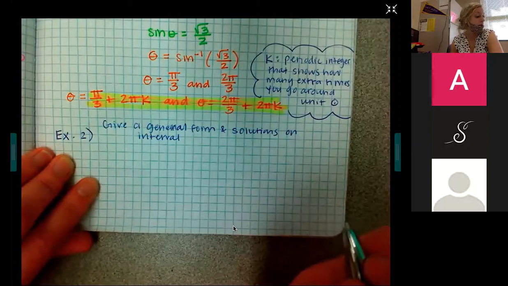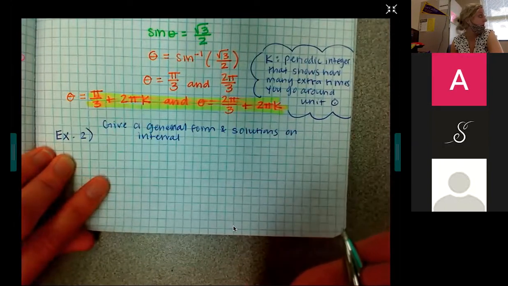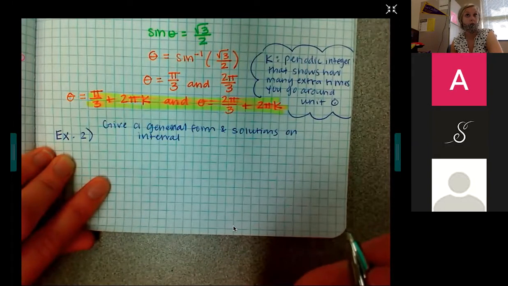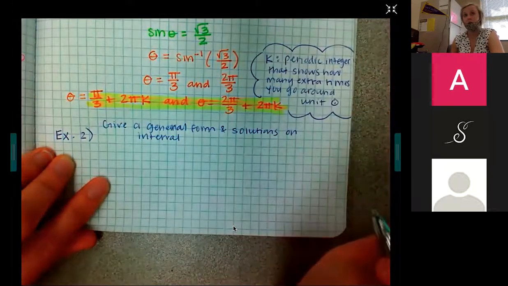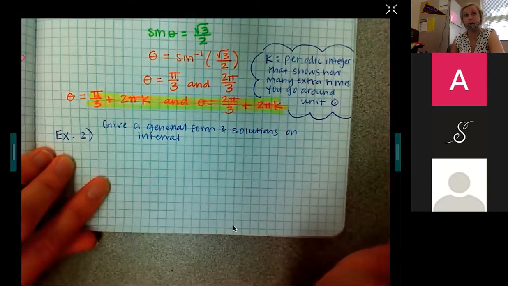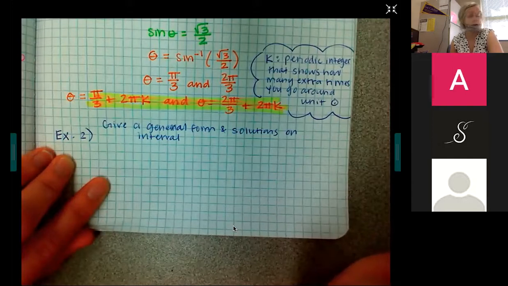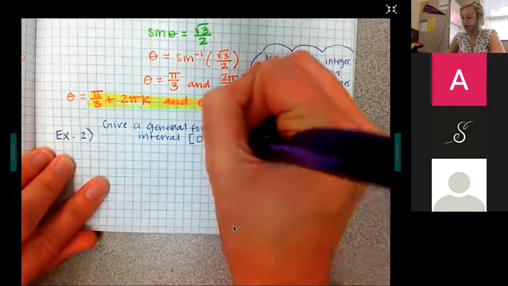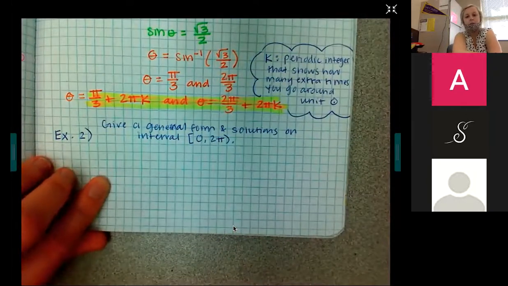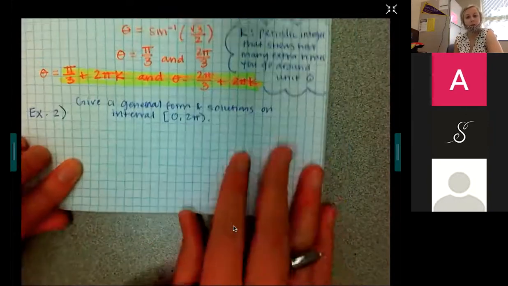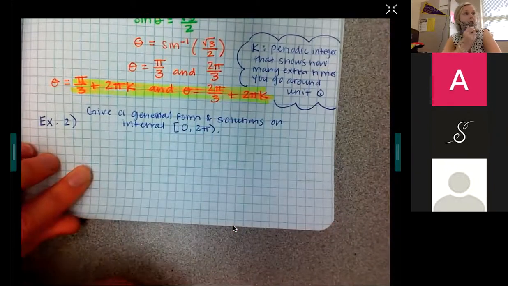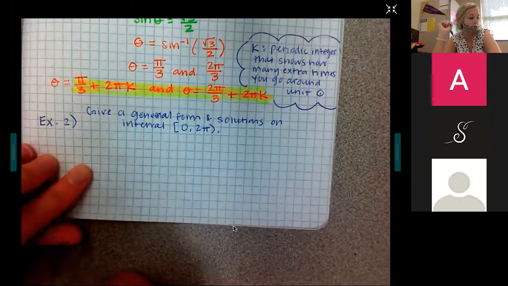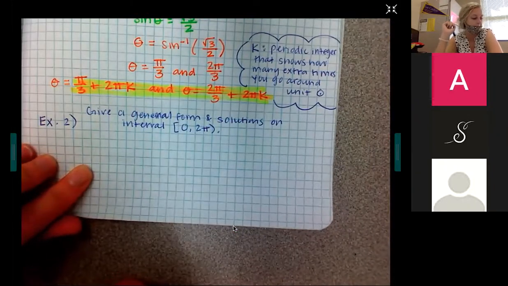Do we just want to do 0 to 2 pi? Okay. How about I change the interval each time so we can practice different ones? Does that sound fair? Okay, I feel like that will prepare you for your test. All right, so for the first one, I want the general form and I also want the solutions from 0 to 2 pi, so just the first time around. So we'll start off kind of easy.